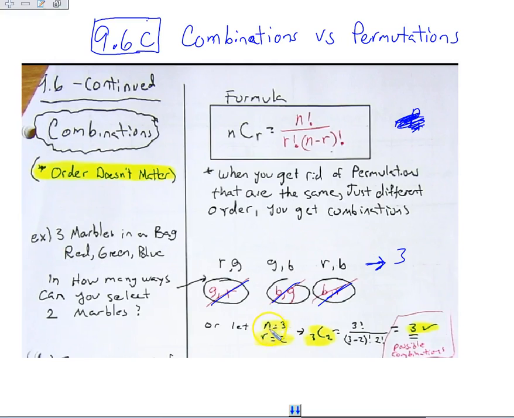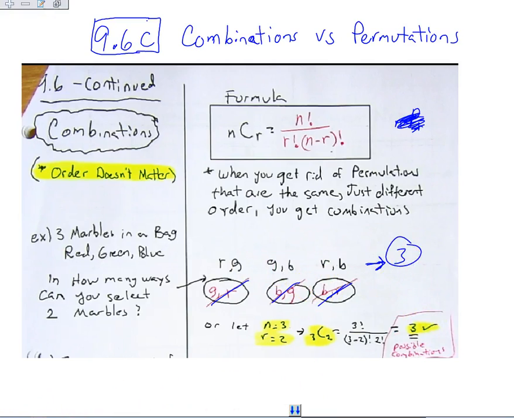In this case we have 3 marbles, so we say that n is equal to 3, and we're going to select 2 marbles at a time. We're going to let r is equal to 2, and then we do 3 choose 2. We plug it into the formula, we work it out, and we do get the 3 possible combinations that we got by listing the possibilities earlier. So these 2 are the same.